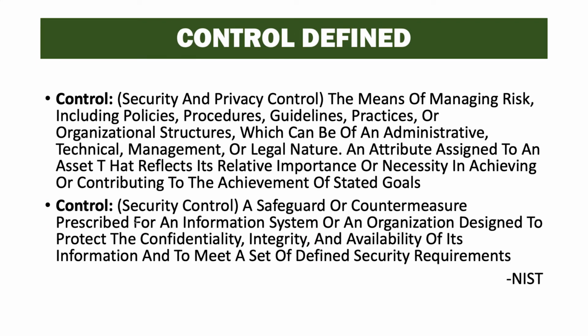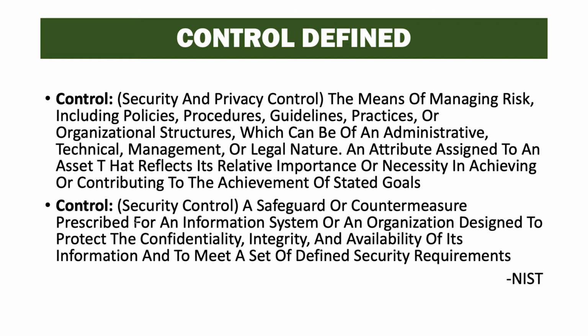So before we go into talking about defining control baselines, it's important to define a couple things. And one of those is, what is a control? So NIST has a couple of definitions we can look at.